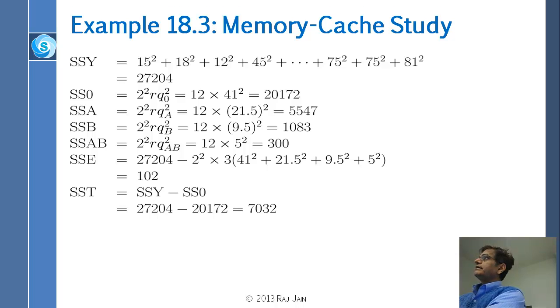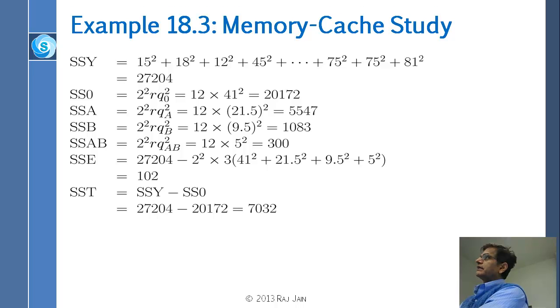SSA gives you 2 raised to 2 r q A squared. Remember, there is an r term here. So 5,547. SSB gives you 1,083. SSAB gives you 300. And if you add them up, they will add up to 7,000, along with the errors.